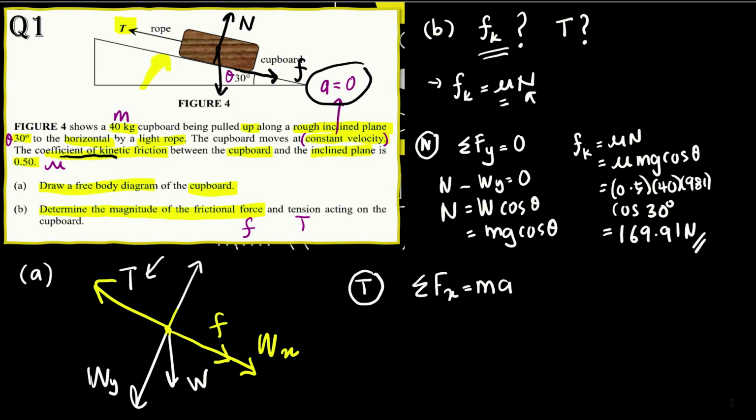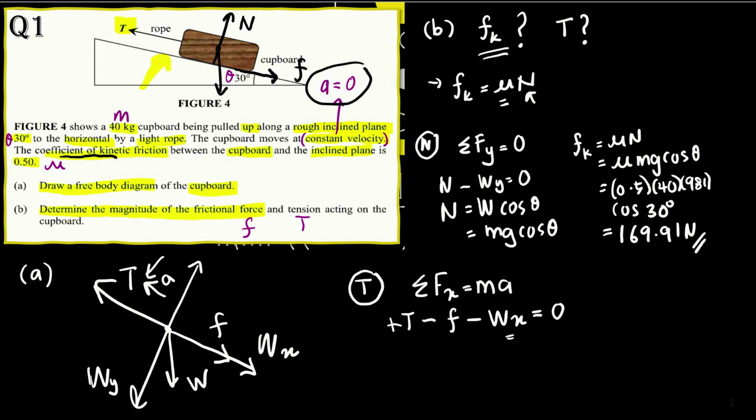So our equation is T minus frictional force minus Wx is equal to 0. Our direction of motion follows the direction of tension. So that's why T is positive, F is negative, Wx is negative.